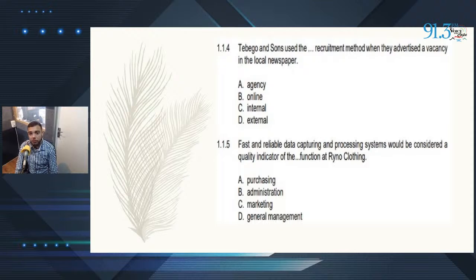Fast and reliable data capturing and processing systems would be considered a quality indicator of what function at Rhino Clothing? So we're looking at capturing and processing. Purchasing doesn't take place here, marketing doesn't take place here, general management covers everything. So your answer would then be B, administration.